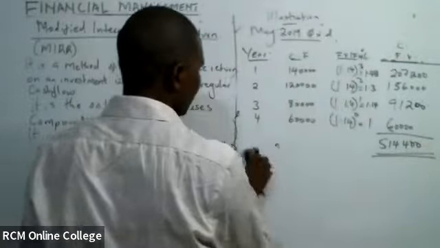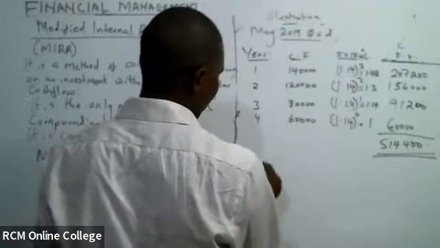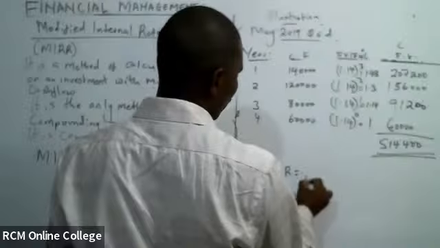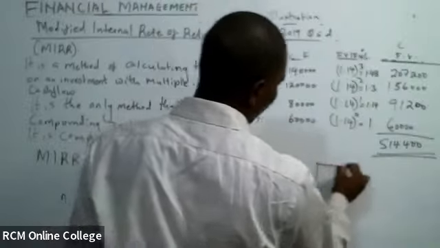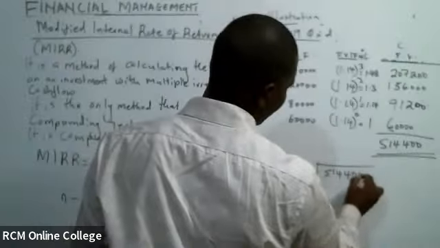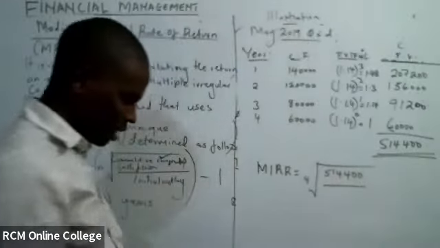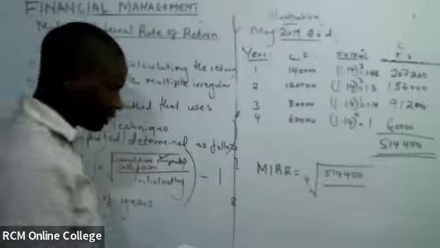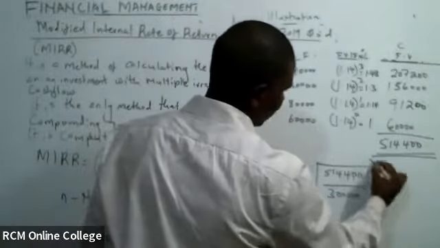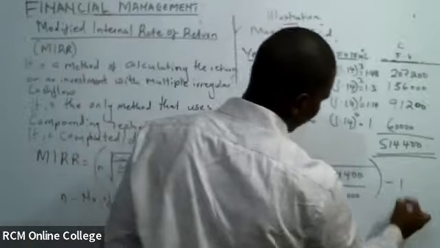Then I can get my MIRR. MIRR is equal to the 4th root of 514,400 divided by, what is our initial outlay? 300,000. Then whatever I get there minus 1.